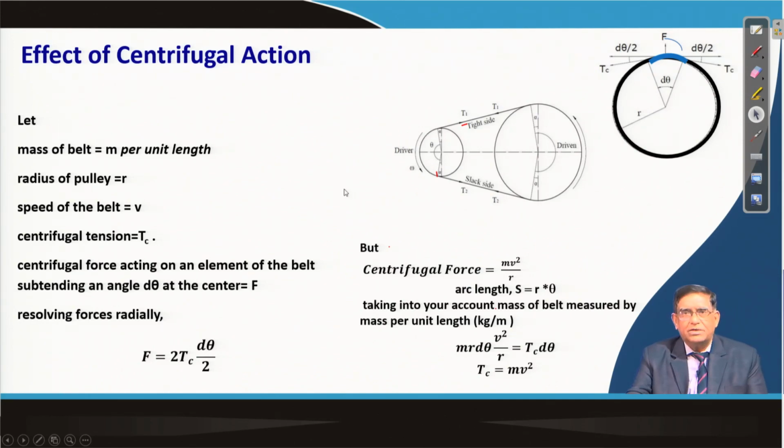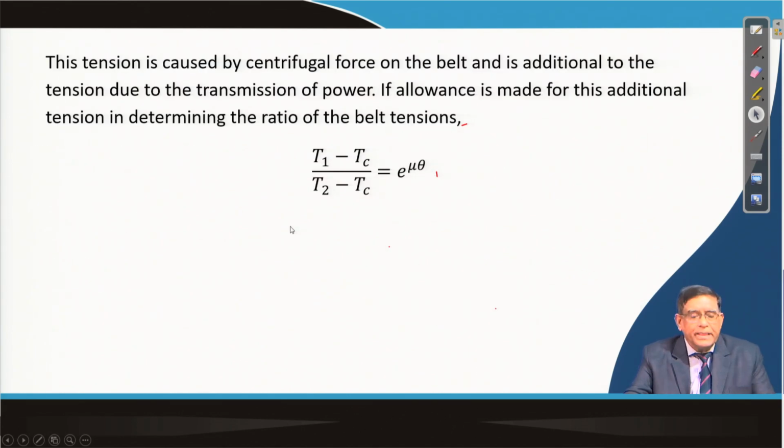So T1 by T2 is equal to e to the power mu theta, and the centrifugal tension is given as Tc equal to mv square. This tension is caused by the centrifugal force on the belt and is additional to the tension due to the transmission of power, because of the tensions in the belt we have T1 by T2.